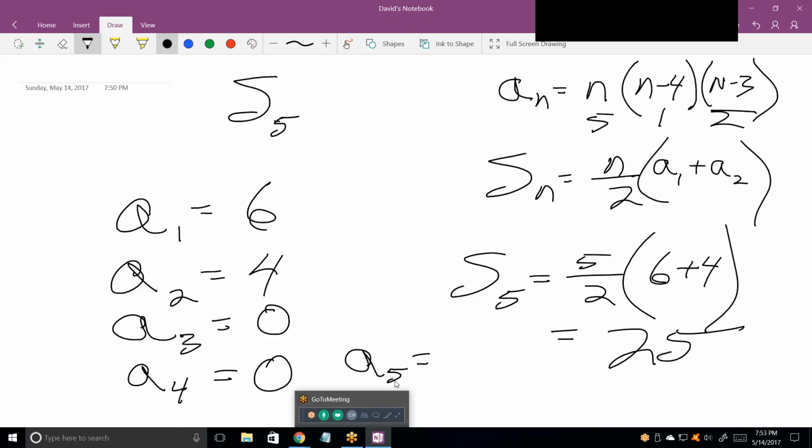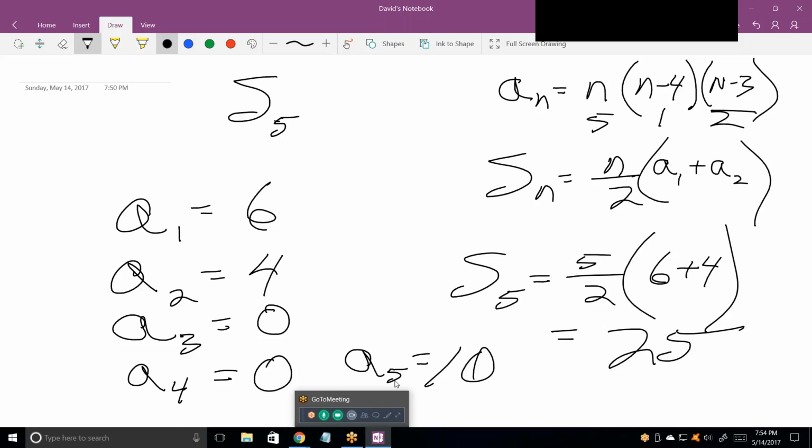I was wrong. How does that not come out to be 15? I mean, your formula may not be right. That's interesting. Hold on one second. Let me look at my formula again. Did I do anything wrong here? Let's go back. A sub 1 was negative 3 times negative 2.